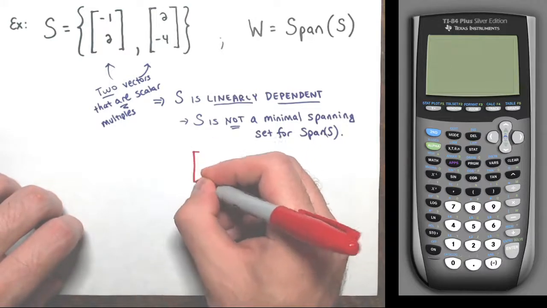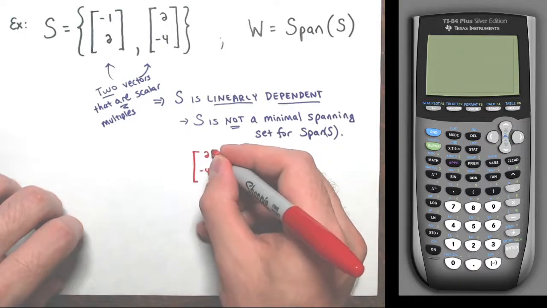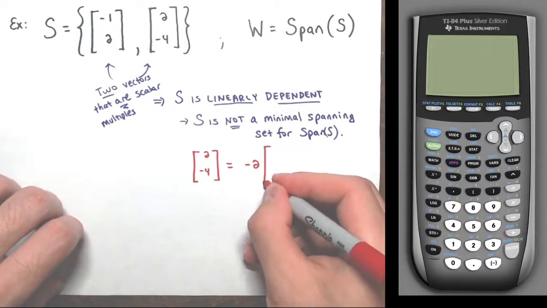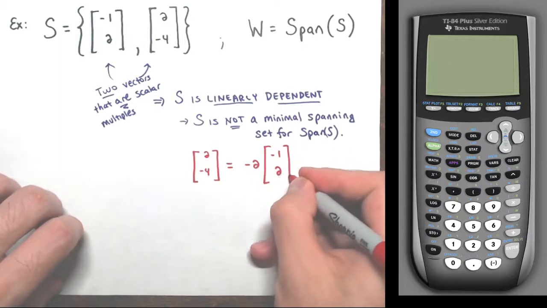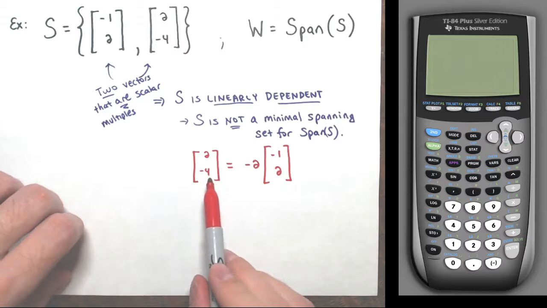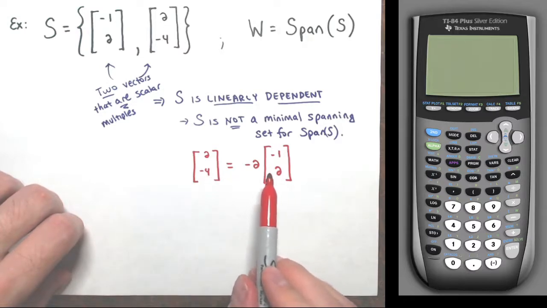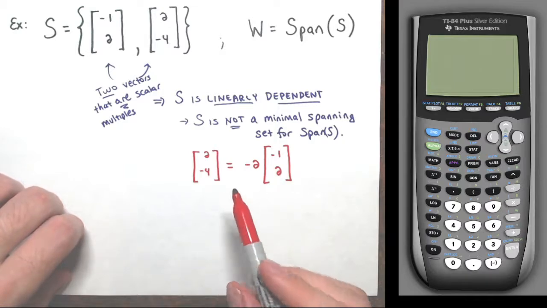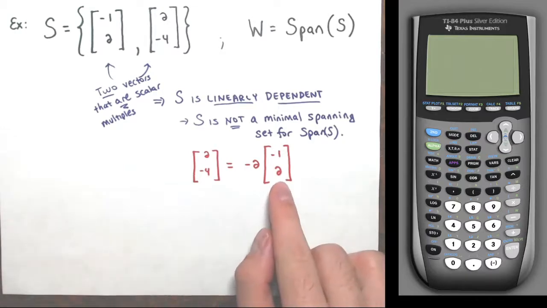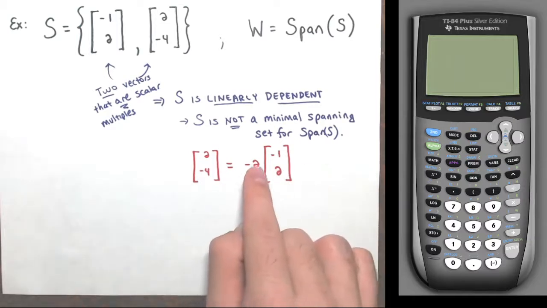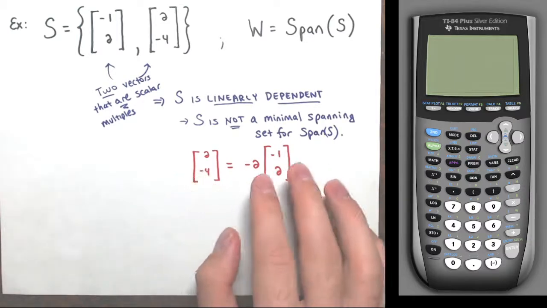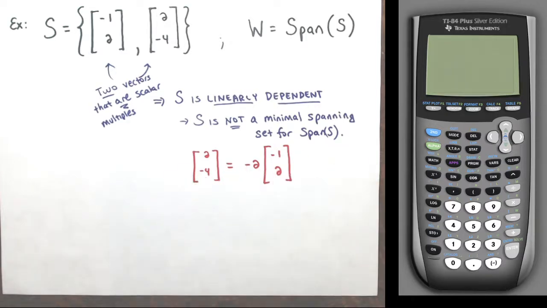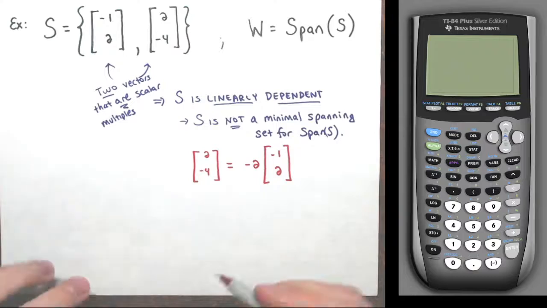So I can take 2, -4 is equal to -2 times the other vector, -1, 2. So 2, -4 is a linear combination of -1, 2, or a scalar multiple of -1, 2. You could also say -1, 2 is -1/2 times 2, -4. Just pick one though. One of these can be expressed as a linear combination of the others.